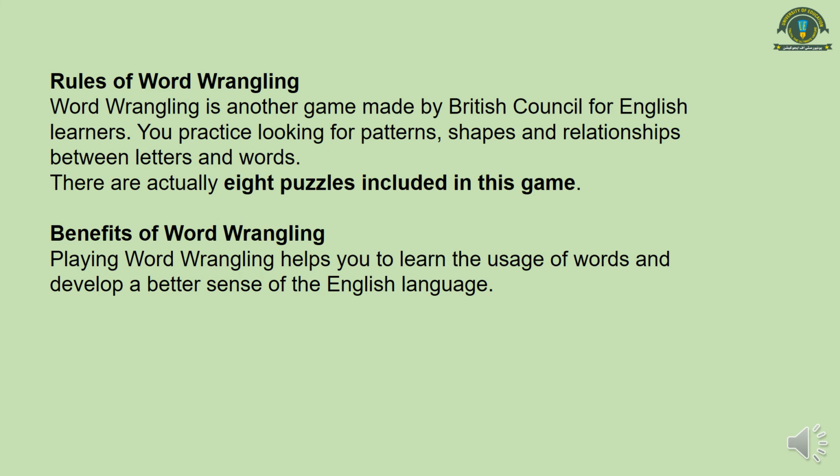You practice looking for patterns in this and shapes and relations between letters and words, and there are actually 8 puzzles included in this game. In Stem Words, you guess words from the stem and the meaning provided. What's Missing gives you 3 random looking words as a clue, and you have to guess the word that is missing.